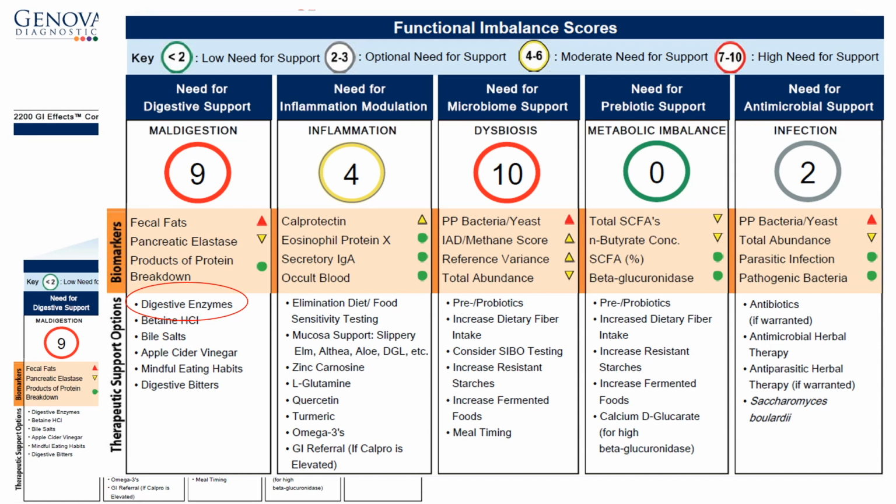In the inflammation section, clinicians may support the gut with turmeric or fish oil for its anti-inflammatory properties. Because the calprotectin is borderline, you would want to retest in 4 to 6 weeks to follow it.